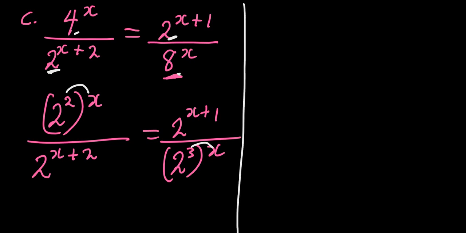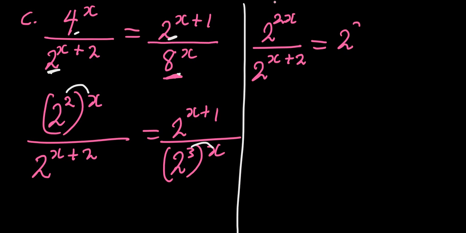So when you do that, the equation will become 2 times x is going to give us 2x, 2 exponent 2x over 2 exponent (x + 2) equal 2 exponent (x + 1) over 2 exponent 3x, since 3 times x is going to give us 3x.